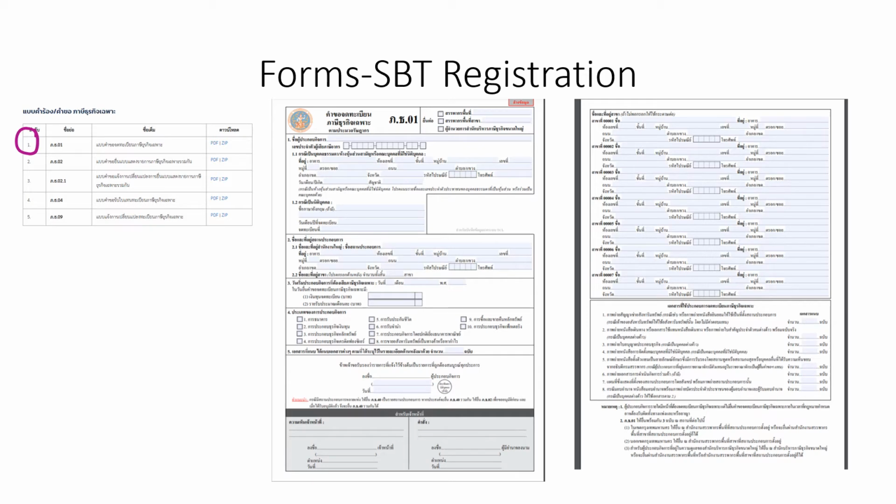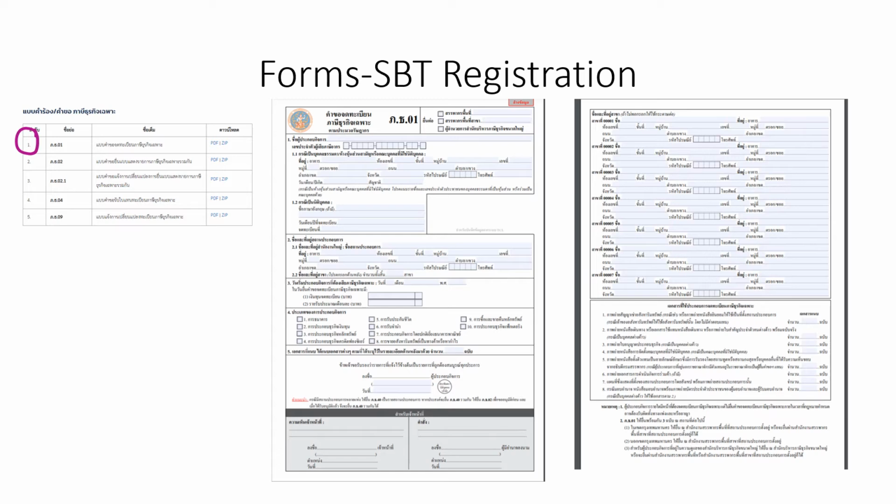And also in part 4, you can see in the box, you need to tell them what type of business you are, that we have learned from section 91/2, right? And also you need to include and attach the additional documentation to this form.